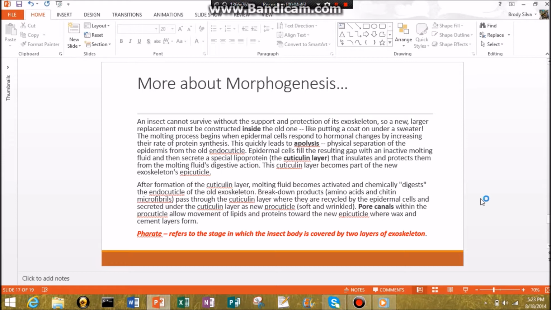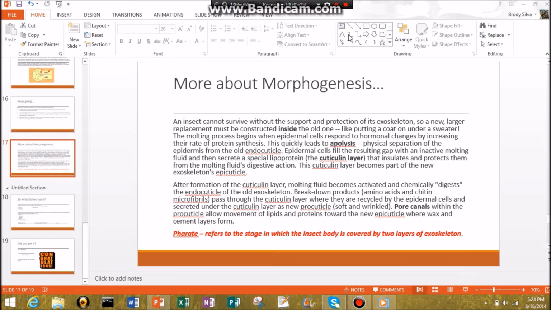You'll learn a lot about that in the external anatomy video, coming soon. Basically, it's the old exoskeleton separating from the new exoskeleton. The epidermal cells fill the resulting gap with an inactive molting fluid, which is basically just a liquid that is turned into the exoskeleton. After that, they secrete a special lipoprotein called the cuticulin layer that insulates and protects them from the molting fluid's digestive action.